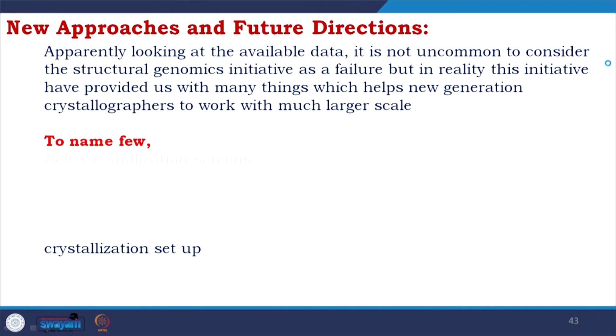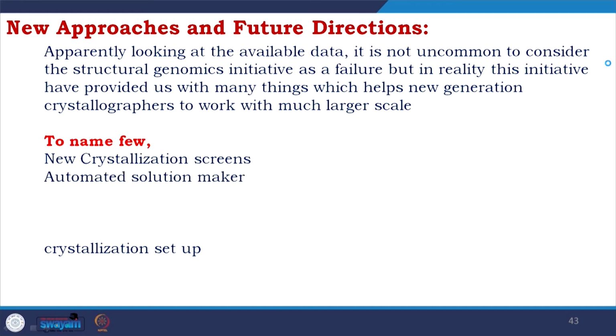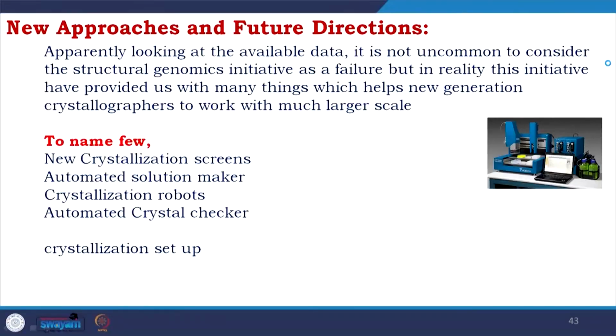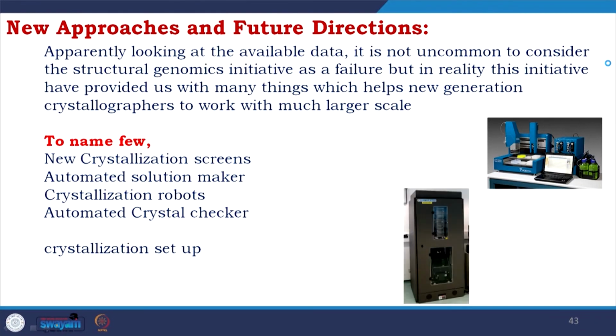To name a few: new crystal screens, automated solution makers, crystallization robots. You see, these are the crystallization robots. There are two types; if you look at hanging drop and sitting drop, both automations are possible. Automated crystal checker. So, if you see like this, you store your plates, and before you store, you have to record them.